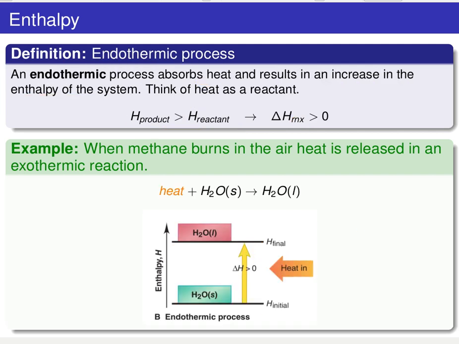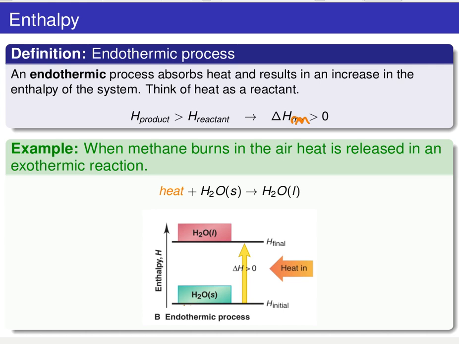Conversely, if heat is absorbed from the surroundings, then we have what is called an endothermic process. Endothermic process, absorption of heat from the surroundings, means you must have a higher enthalpy product than reactant. And of course, a delta H of reaction then that's going to be positive.